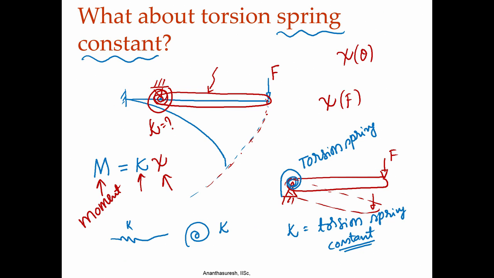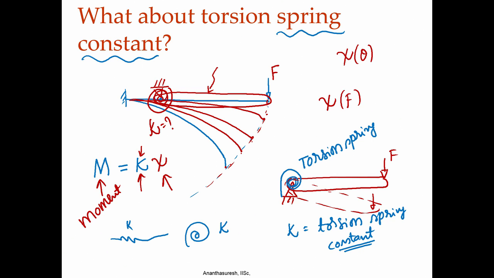As I increase the force, the cantilever beam will bend like that, and then like this, and so forth. Between two increments, if I were to calculate this kappa, is it going to be the same or different? That is what we would like to know.